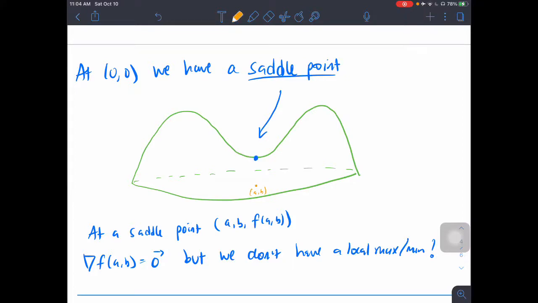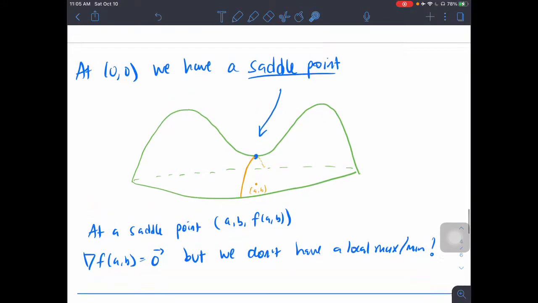But if you notice that this saddle goes like this as well, there are other points near it that have smaller z values, and so that's why it's also not a local minimum. So this is a shape that goes like this in this direction, and a concave up looking shape in the other direction. And so that's why it's neither a local maximum nor a local minimum, okay?